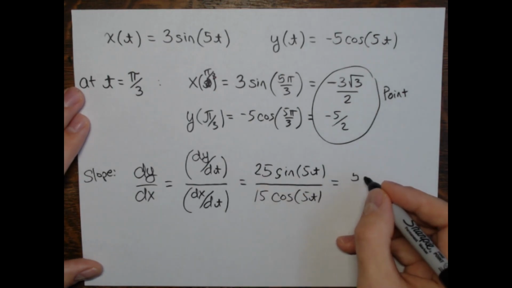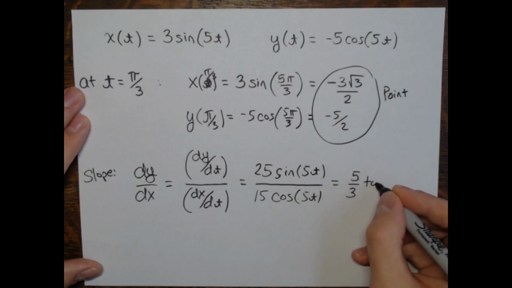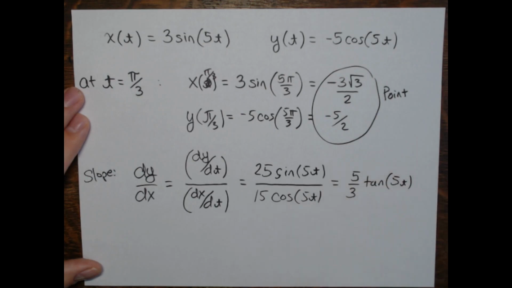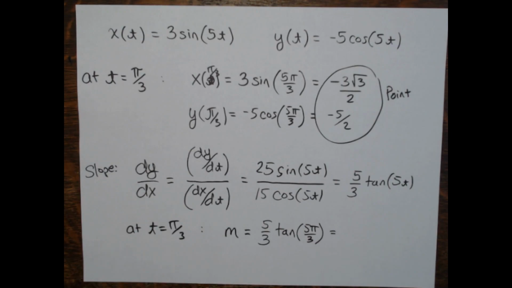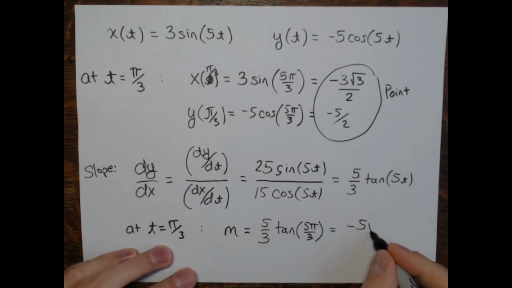This will be 5/3 times the tangent of 5t, which at pi over 3, the slope, I'll use m this time, would be 5/3 times the tangent of 5 pi over 3. All right, now we know the sine of 5 pi over 3 is negative square root of 3 over 2. The cosine of 5 pi over 3 is a half. So the tangent is negative square root of 3, so this is negative 5 root 3 over 3.